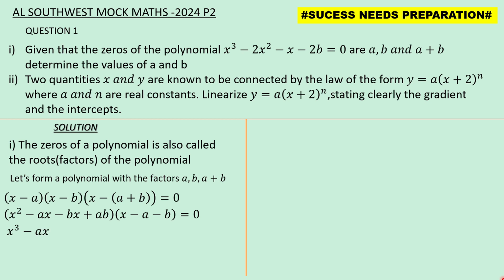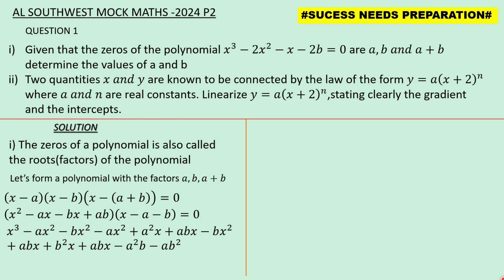Expanding the whole thing, we get x cubed minus ax squared minus bx squared minus ax squared plus a squared x plus abx minus 2bx squared, and it continues, equals 0. You can pause the video and multiply it properly to keep on track.